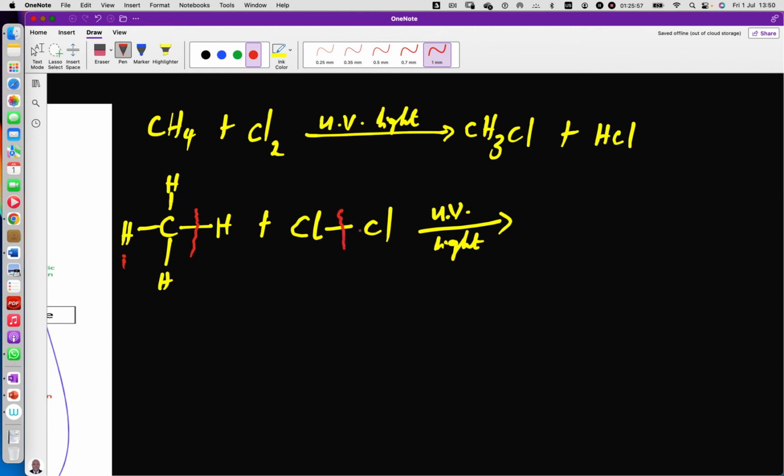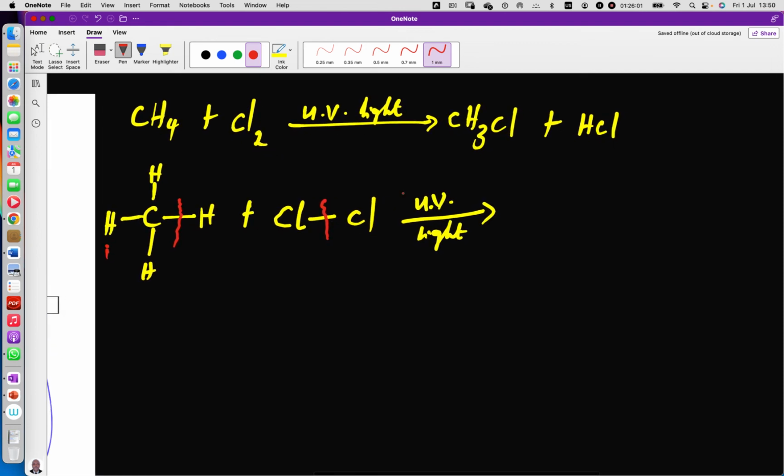There are two breakages. So what happens here is, now one of the hydrogens will attach itself here, and this will come and attach itself here.